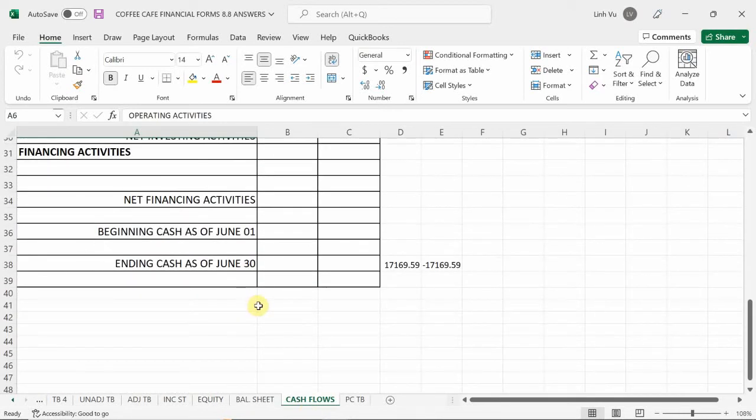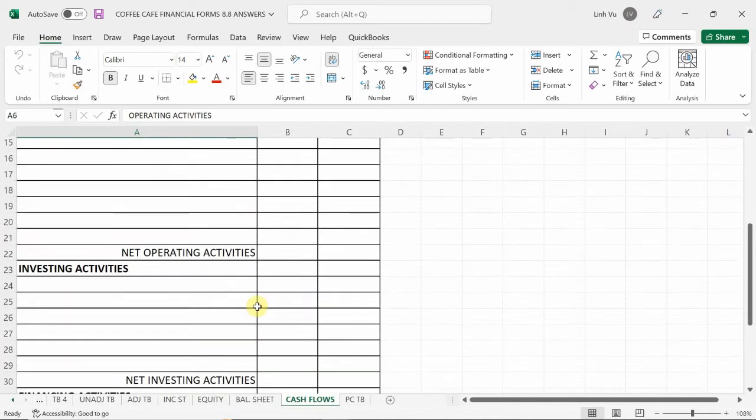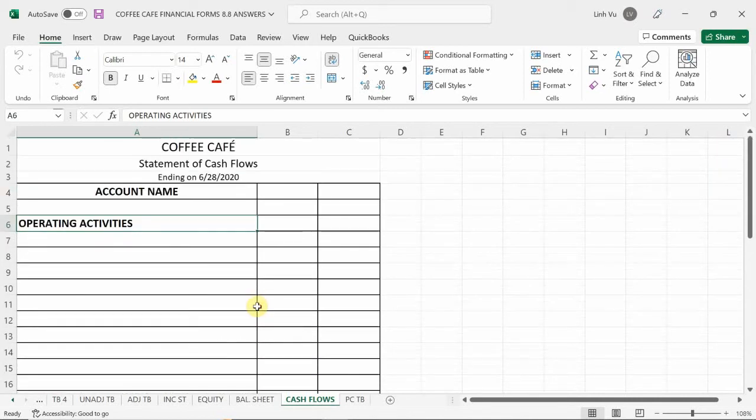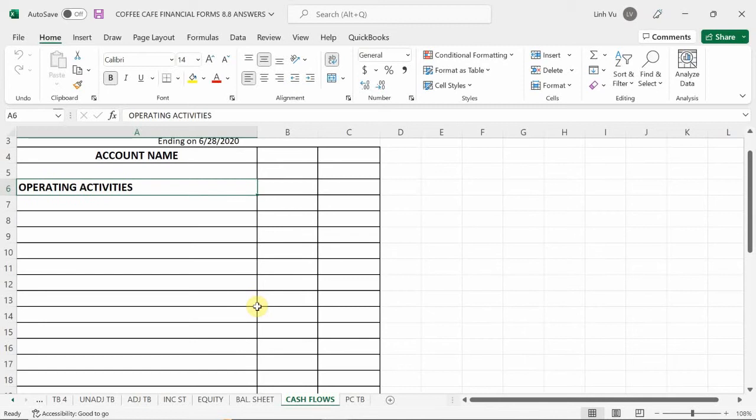This one is the more difficult type of statement to complete, because it is kind of difficult to understand the flow of cash. In this case, we're going to be constantly asking the question, do I have the money or do I not have the money, right?